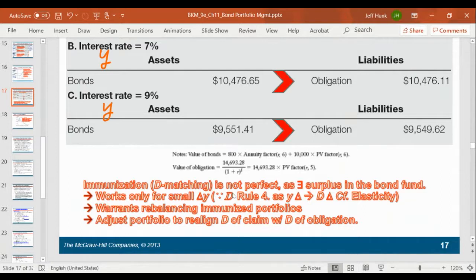But the immunization is not exact, as there exists surplus in the bond fund. I mean, surplus is nothing to complain about. Why?